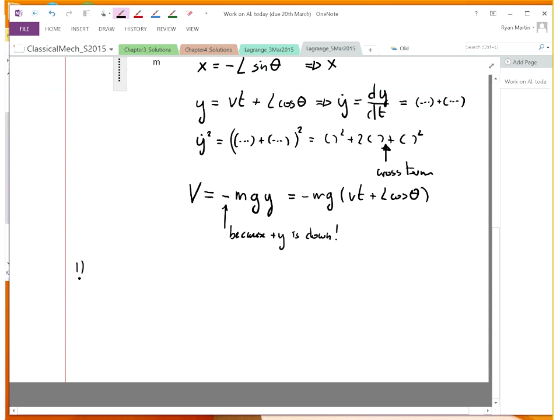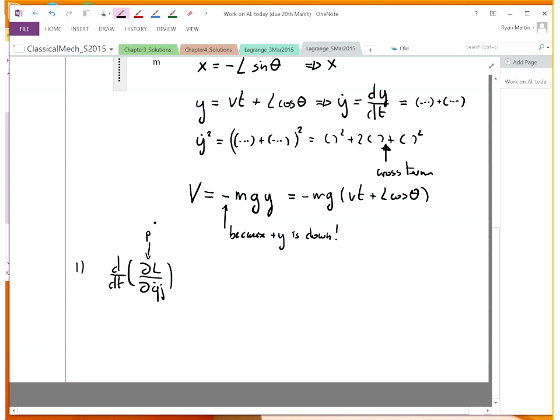So a few hints. Remember, in the Euler-Lagrange equation, you have a d by dt of a dL by d q j dot.